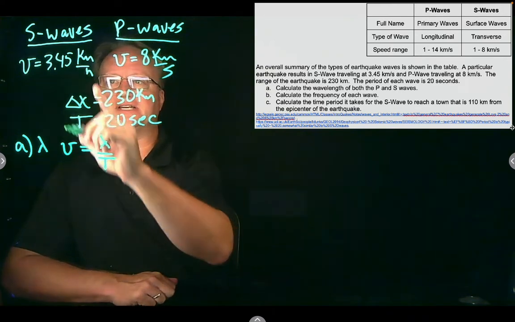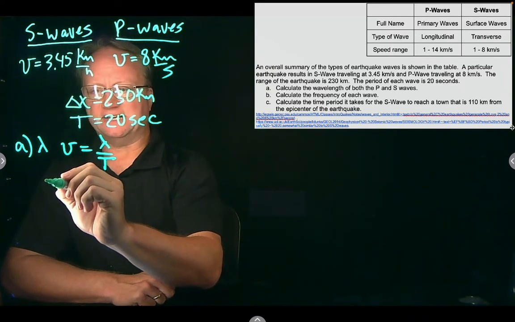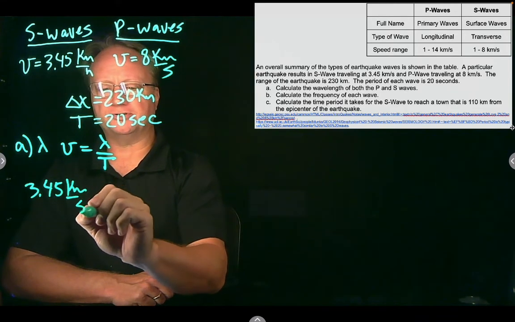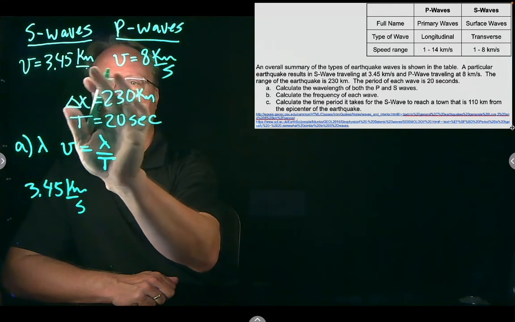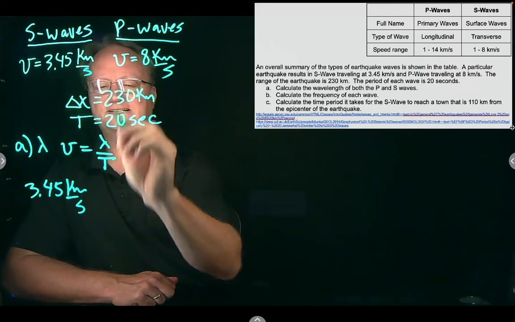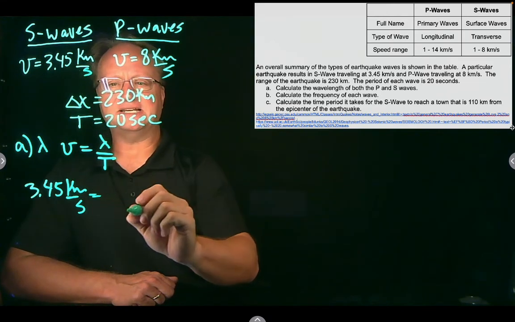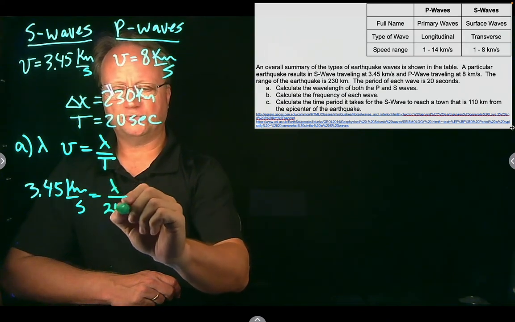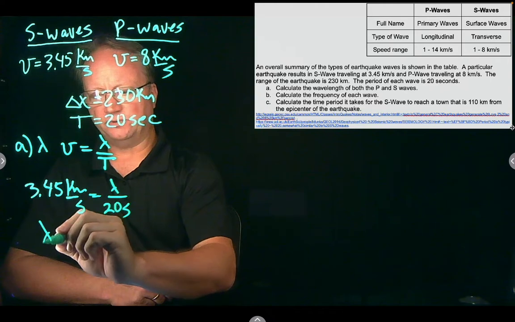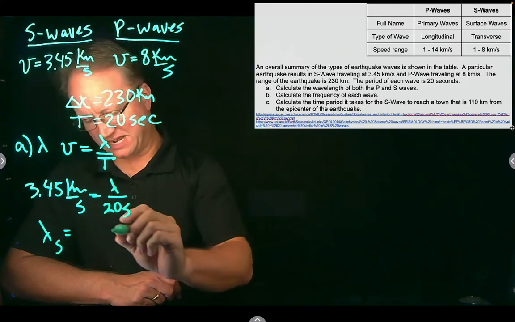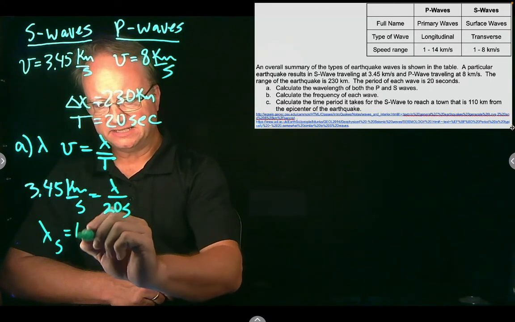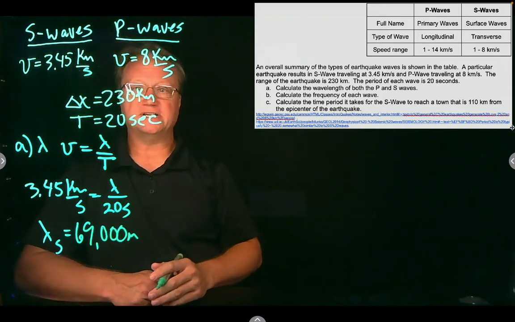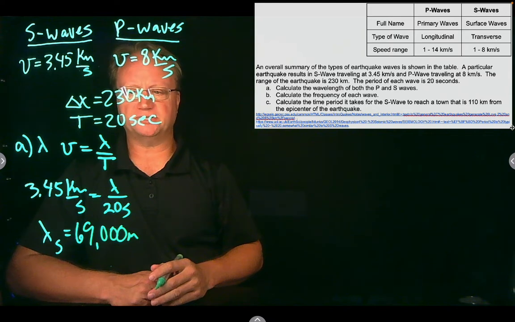So then plugging in individually for the S wave, that would be 3.45 kilometers per second is equal to lambda over 20 seconds. And we can solve down for lambda for the S waves to be 69,000 meters, converting from kilometers into meters.